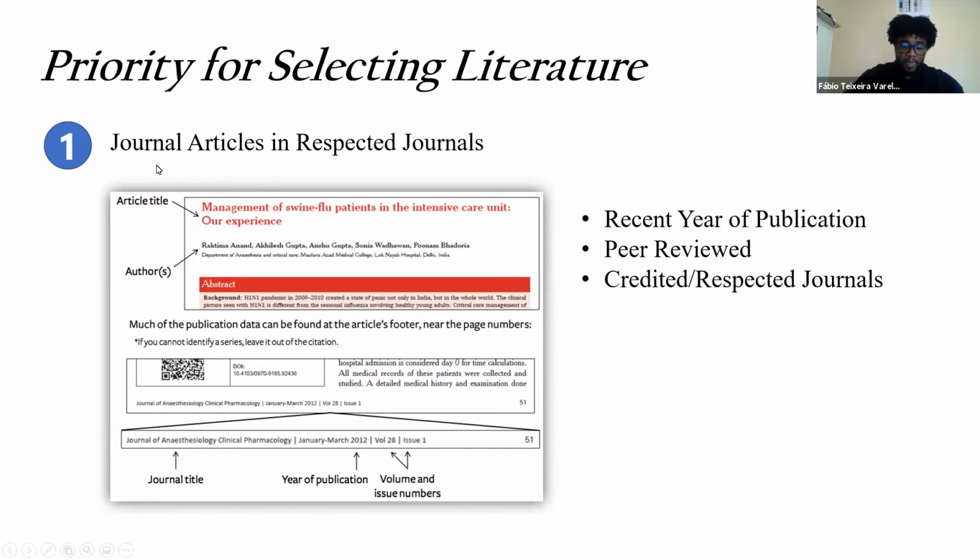One of the materials that you should use for your literature review is journal articles. Basically, in respected journals, you find a lot of highly credited articles that offer you a lot of information.